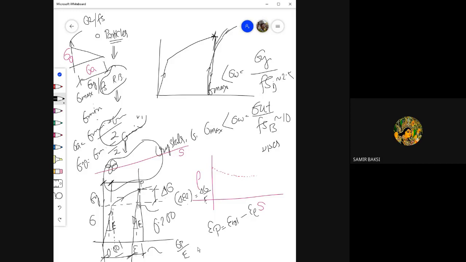So in production, we have metal forming and wire drawing that also comes under plasticity. Yes, that is a good point.